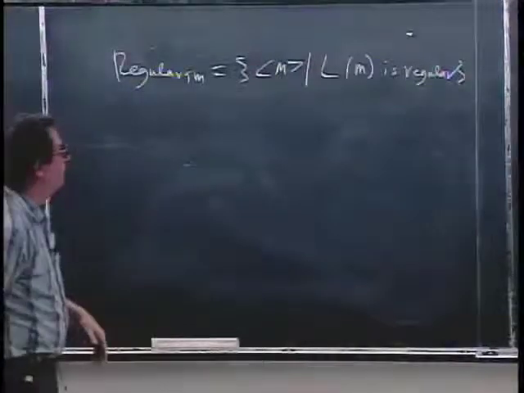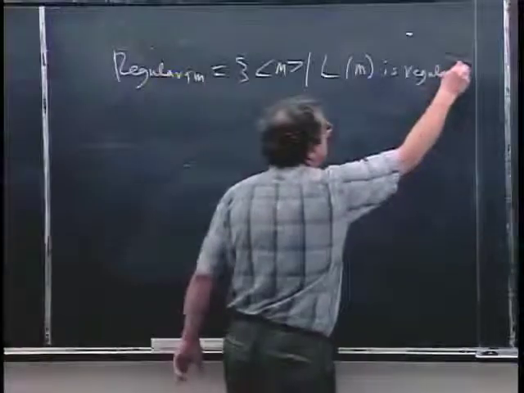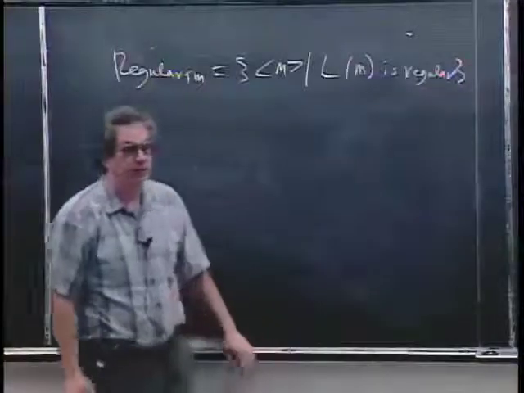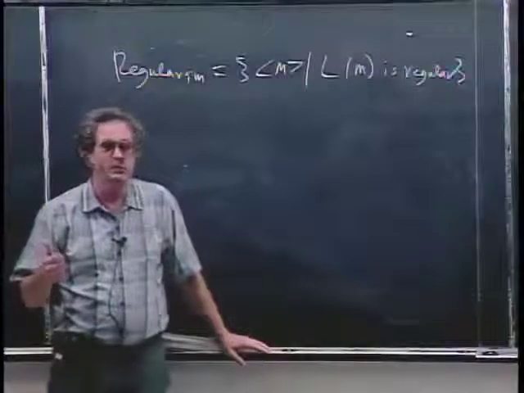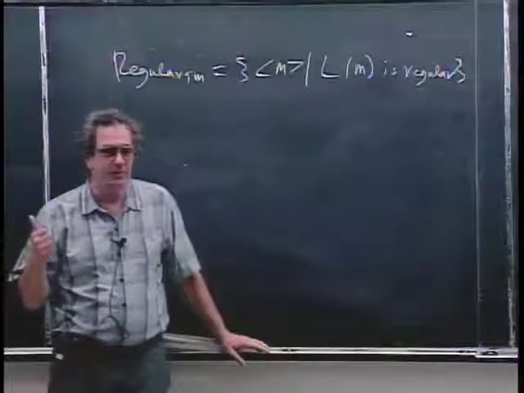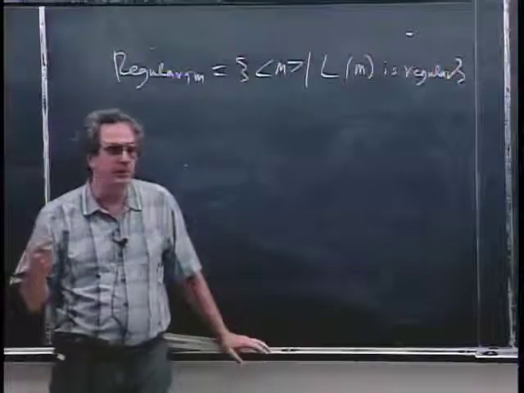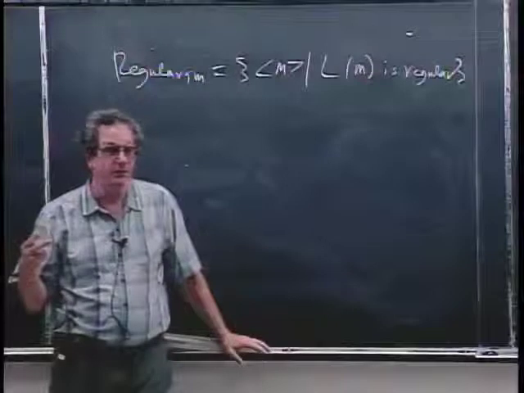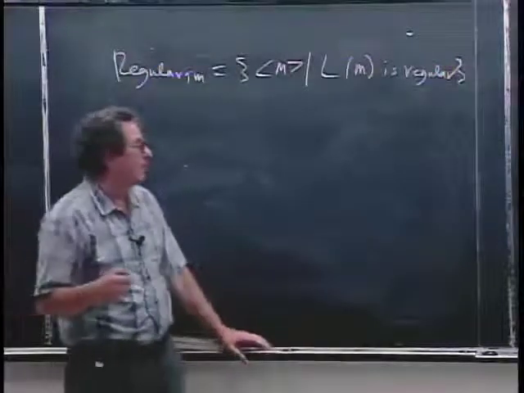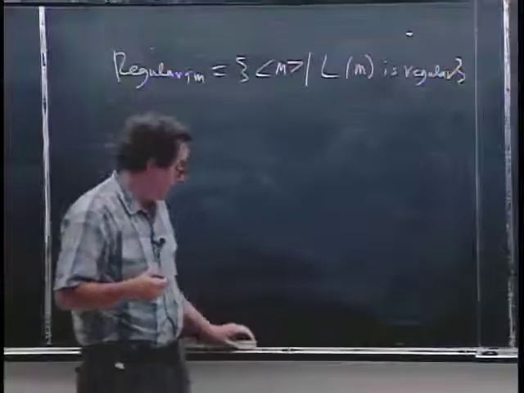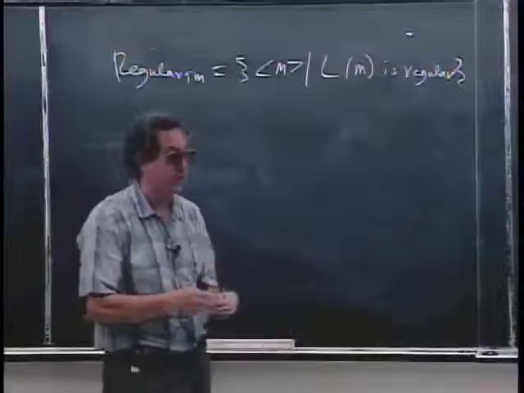And in fact, we know some techniques for proving that a language is regular. We can build a deterministic finite state machine, or a non-deterministic finite state machine, or a regular expression, and all of those demonstrate that the language is regular. And to prove that it's not regular, we have some techniques for that. The pumping lemma is the one that we studied in this class.